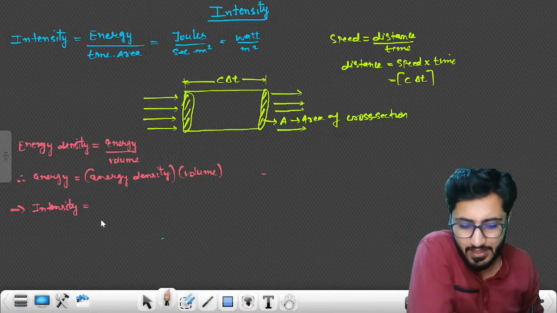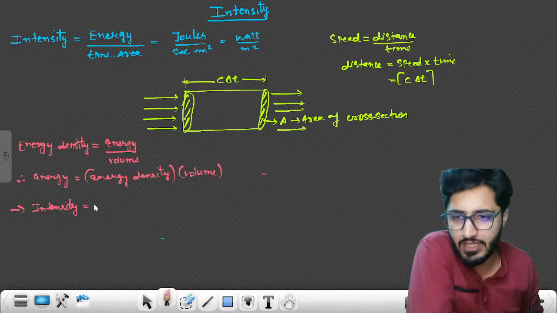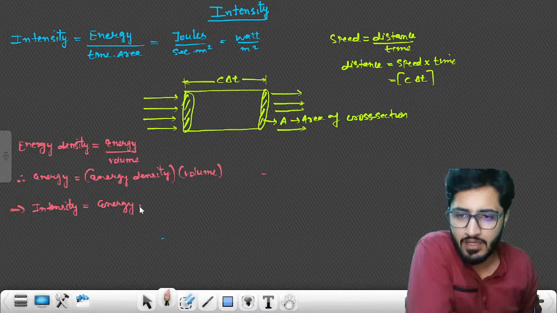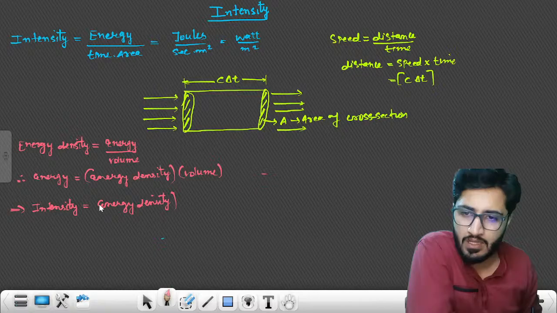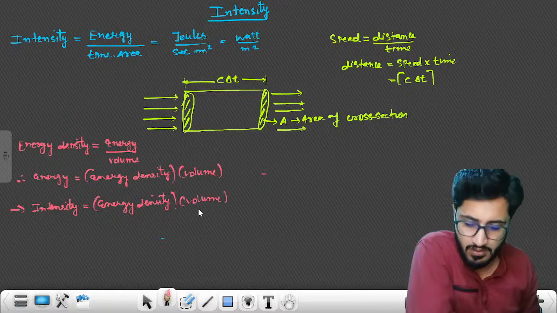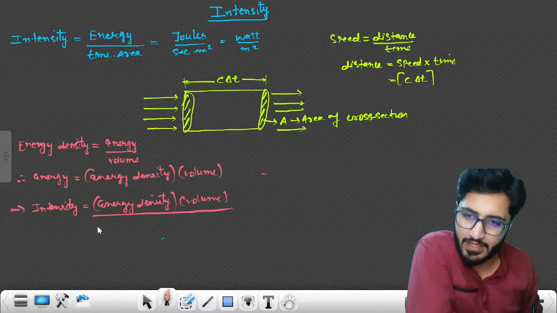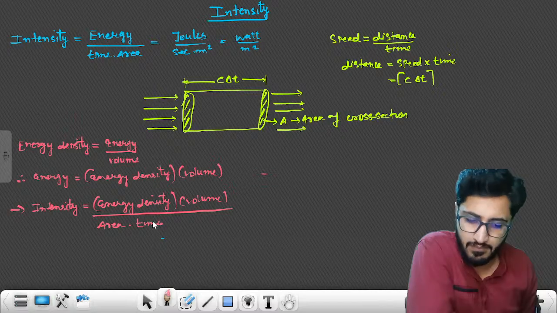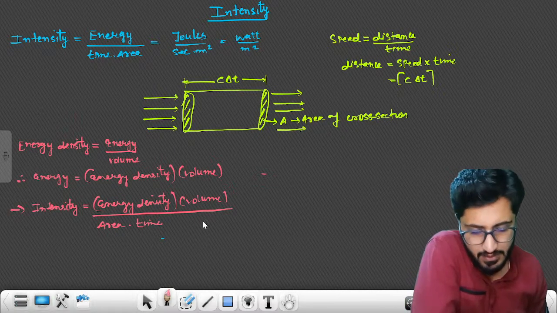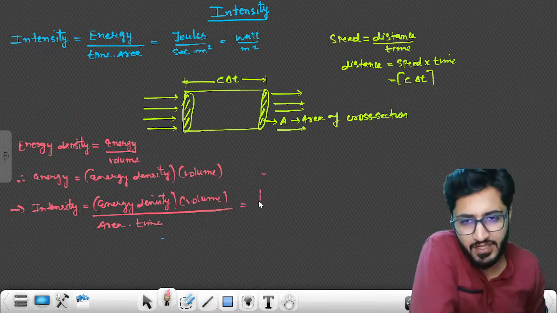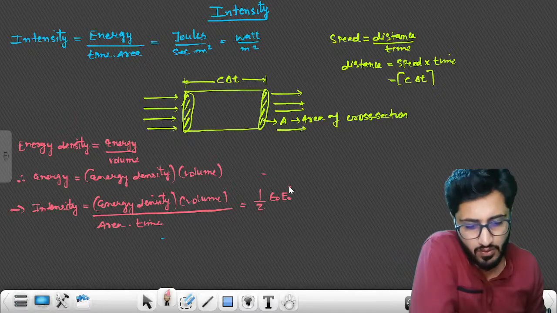Now can I write here, energy means energy density, then volume, the whole divided by area multiplied by time. What is energy density? Is it 1 by 2 epsilon naught E square or E naught square or E square?